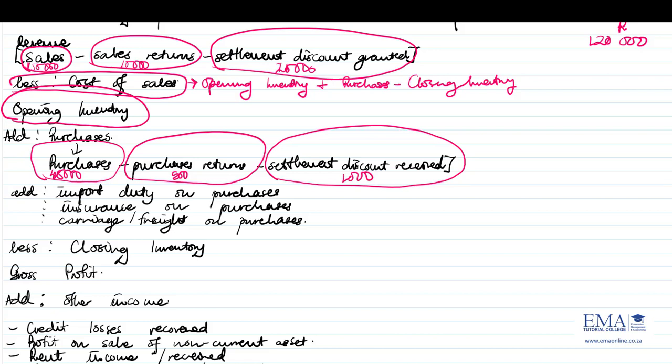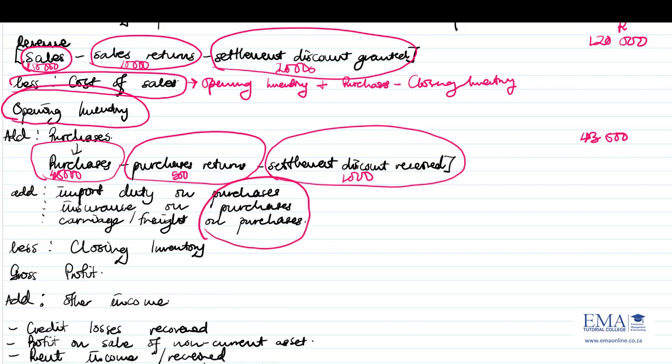So the amount that you paid is the 45,000 minus the 500, because you did not pay for the earphones you are going to return, minus the discount that you received. So 45,000 minus 500 gives you 44,500, minus 1,000, then you get purchases of 43,500.